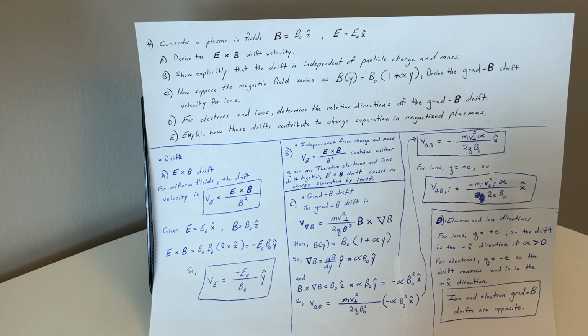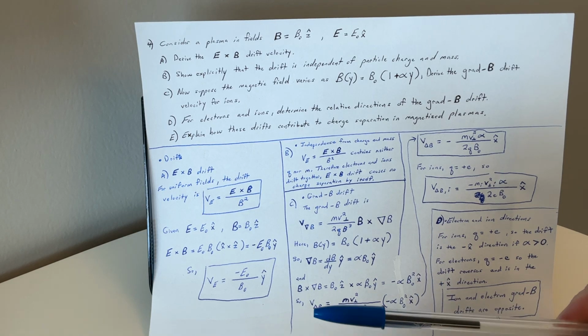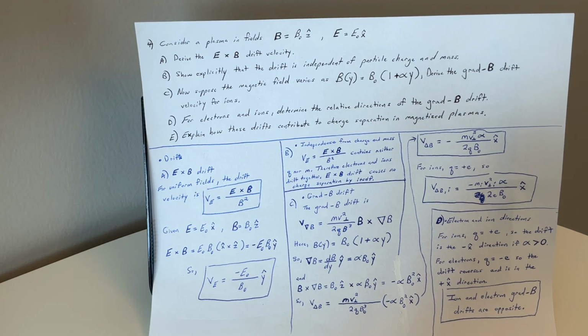Okay, so from here, we could say our V grad B is going to be m v perpendicular squared over 2 q B cubed, B_0 cubed, times the quantity negative alpha B_0 squared X hat.